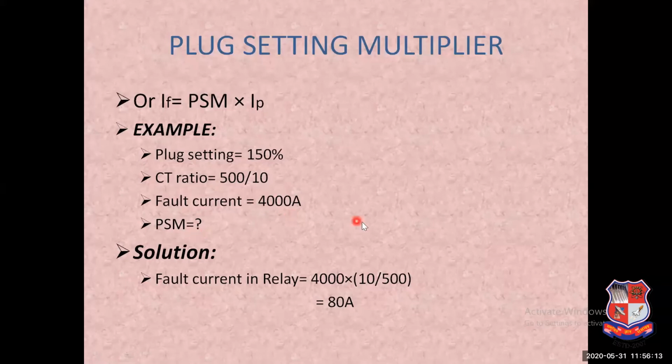First of all, find the fault current in the relay coil. Fault current in relay coil is equal to total fault current IF, which is 4000 ampere, into 10 divided by 500. So we get fault current equal to 80 ampere.